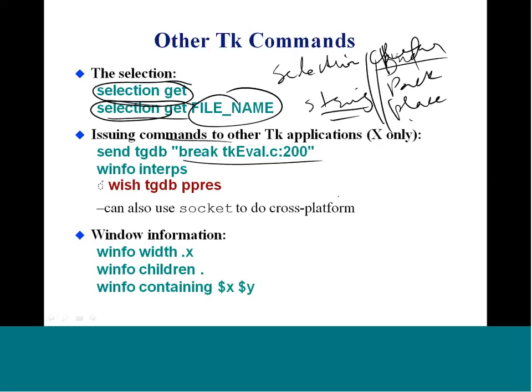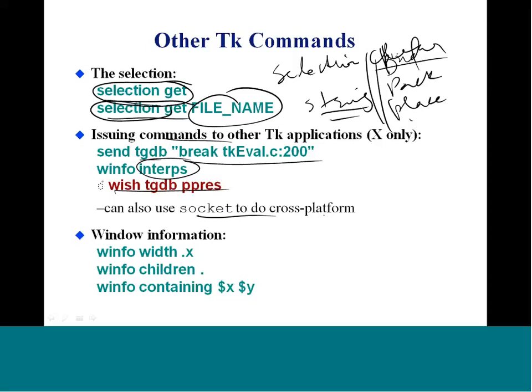This is the command that we are sending to this particular application, and then we check for the interpreters using the winfo command, and we'll get what is going on in this Tk application. We can use the socket to do cross platform applications. This we saw in the previous lecture itself.